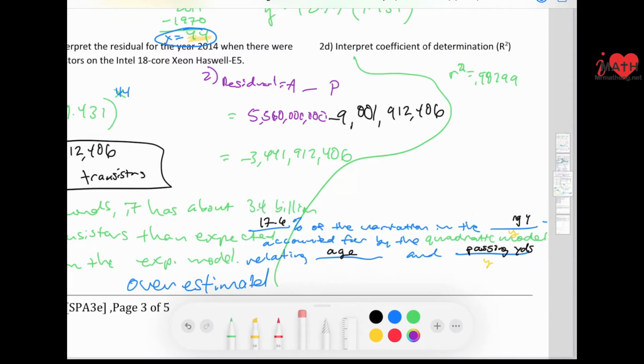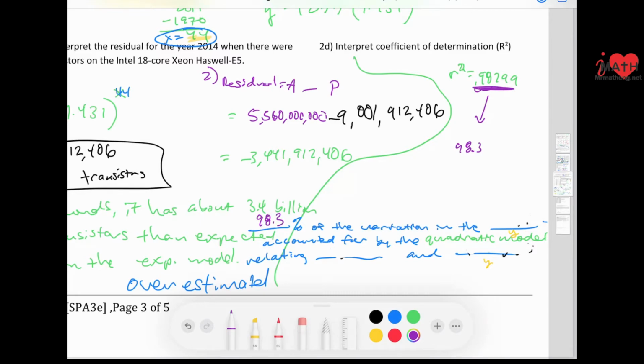And we can just go and erase. What percent do we have here? Remember, this is a decimal, so that would be, move it 2 places, so 98.3.